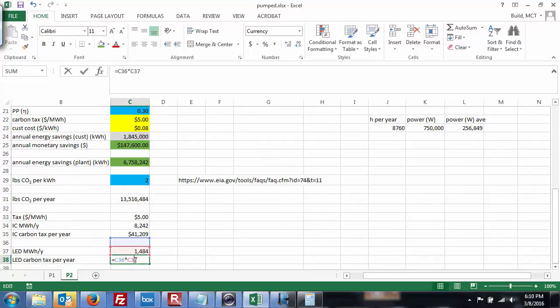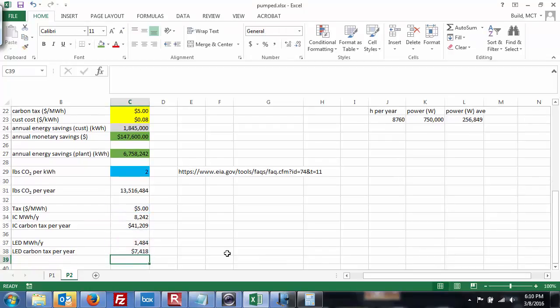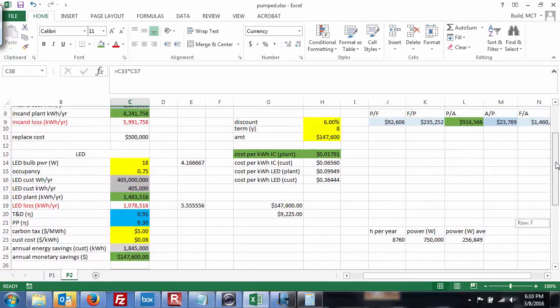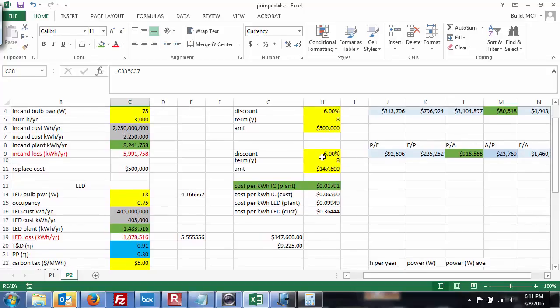And the carbon tax is going to be plant times the $5. Okay, so they were going to have to pay 41 grand a year in carbon tax. Now they've got the LEDs in place, they're going to pay 7 grand per year. So now we can go back up here and jam that into our financial model.